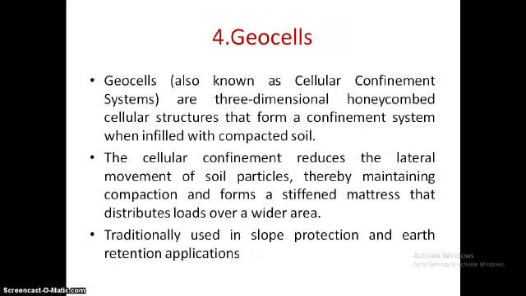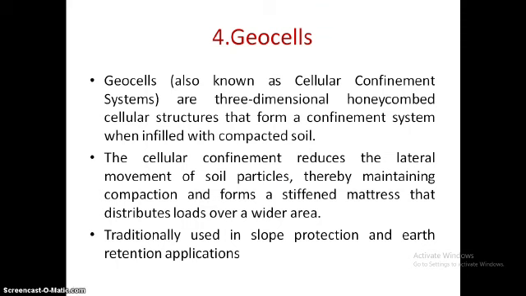Next is GeoCell. GeoCells are three-dimensional honeycombed cellular structures that form a confinement system when infilled with compacted soil.